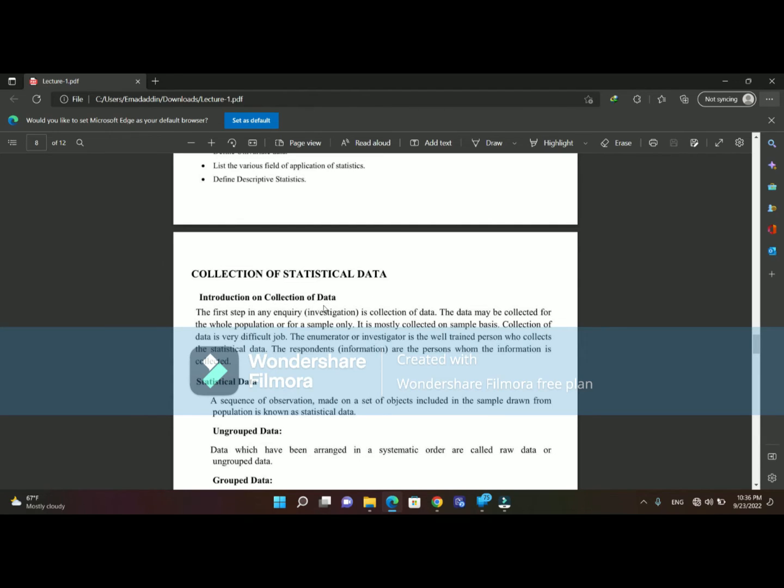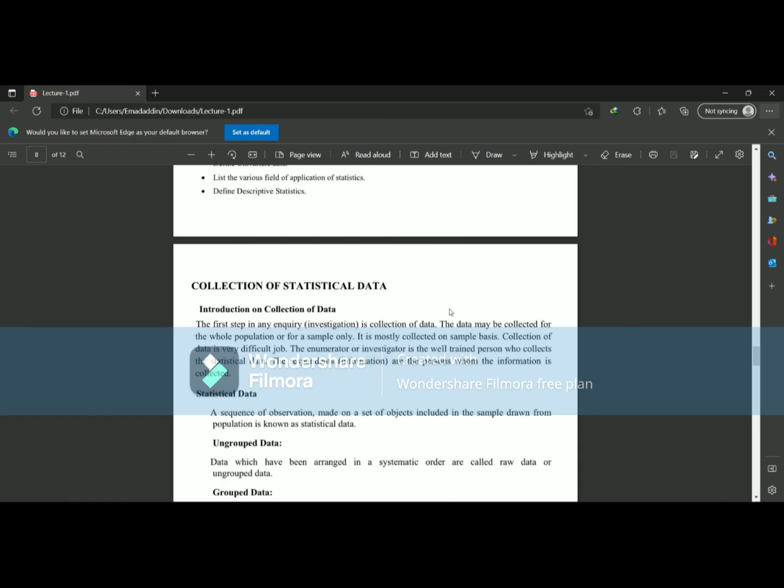Collection of statistical data. Introduction to collection of data. The first step in any inquiry or investigation is collection of data.